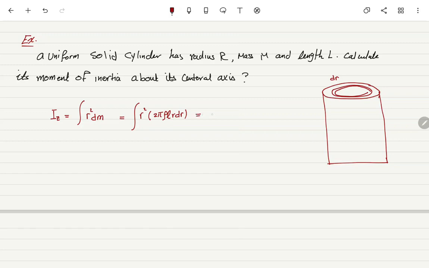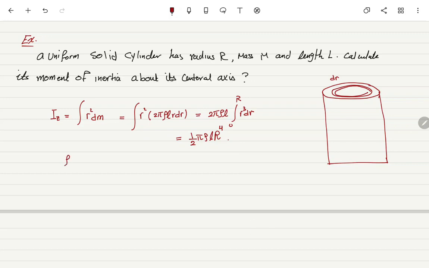You integrate this one, 2 pi rho l from 0 to r cube dr, and the integration for this one here is half pi rho l r to the power 4.